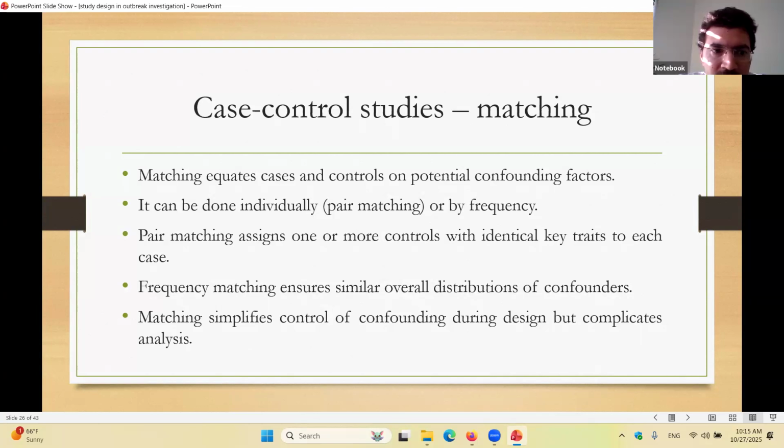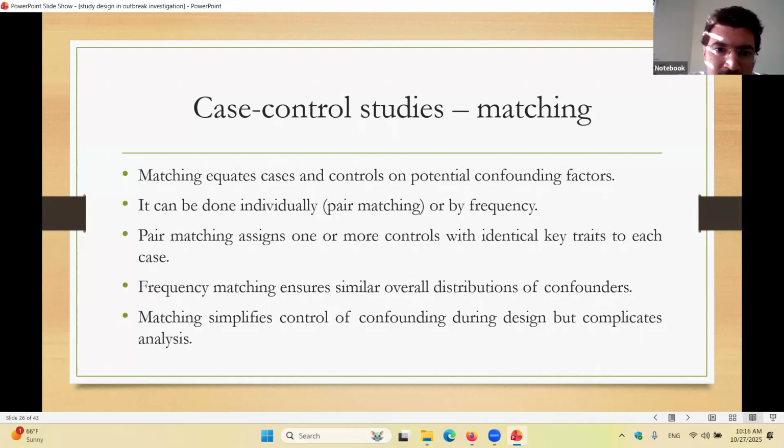So it controls confounding because the third variables are distributed similarly in the two groups, and therefore you can compare the groups without the confounding effect of these third variables.